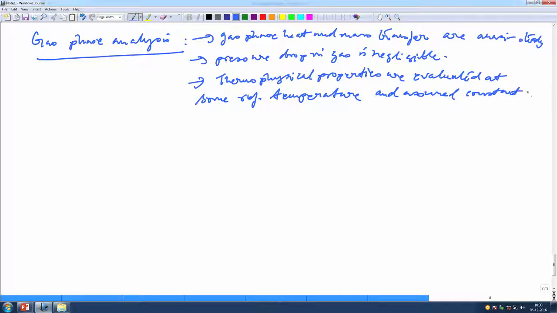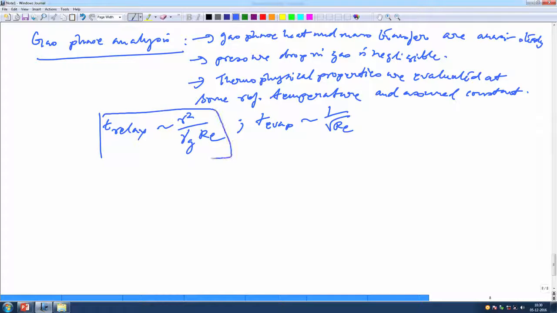So, if you have forgotten why it is quasi steady, let me say that the relaxation time of the gas phase scales as r square by the viscosity into the Reynolds number, whereas the evaporation time is usually scaled as root over Reynolds number, if you recall the two arguments. So for high values of Reynolds number, the relaxation time was much shorter compared to the evaporation time.